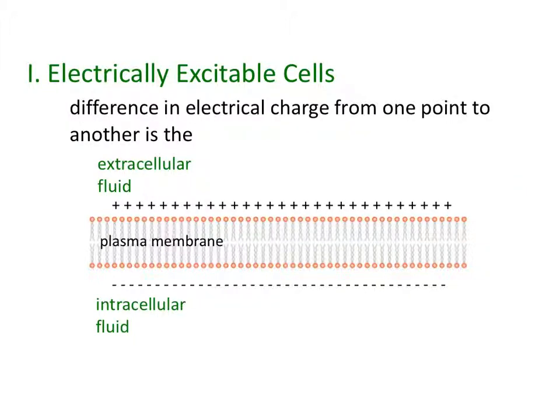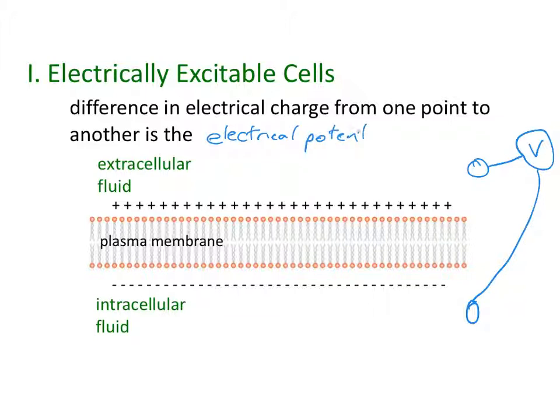The difference in electrical charge from one point on the cell to another, or one point in anything to another point, is called the electrical potential. And electrical potential is measured as voltage.